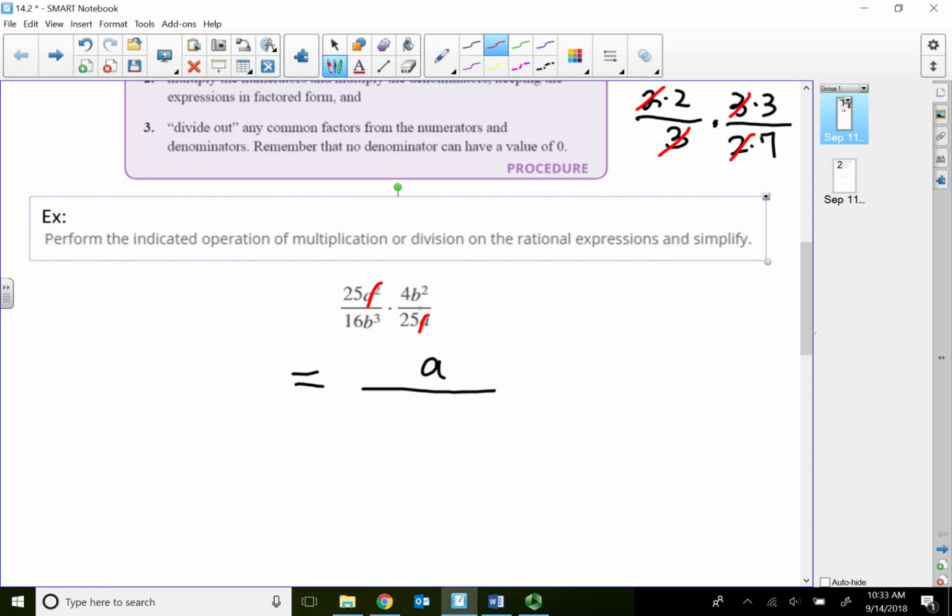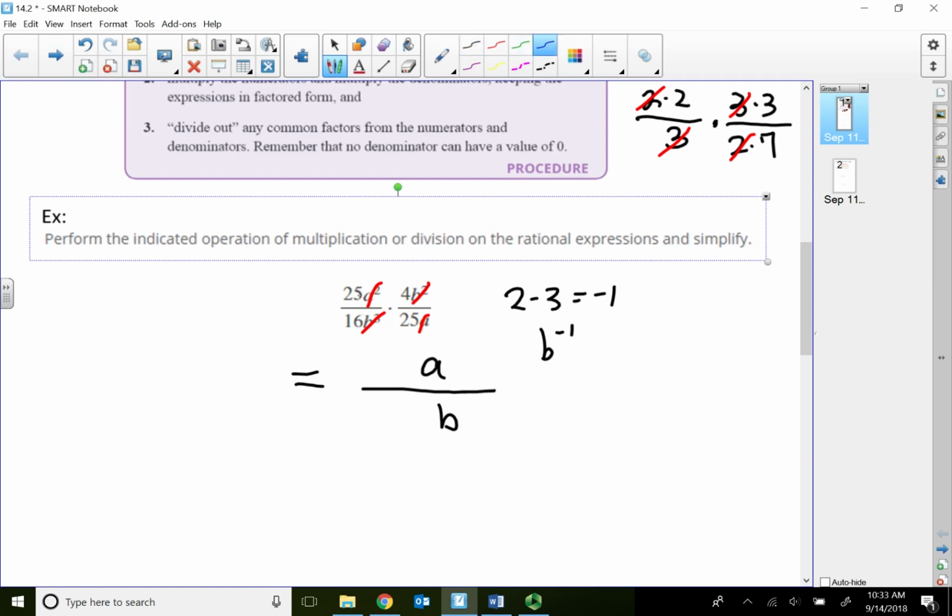All right, b squared on top, 3b in the bottom, they will cancel out. So that should leave me with 1b in the bottom, right? Exponent 2 minus 3 is -1. So b to the -1 will have to be flipped to the other side of the fraction, so that will come to the bottom.